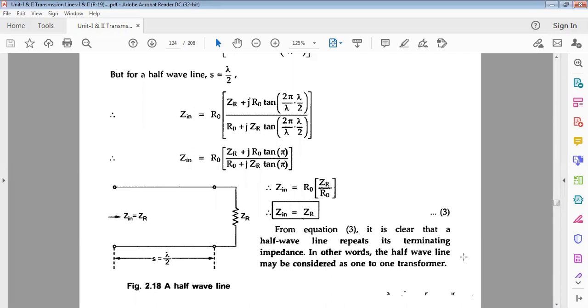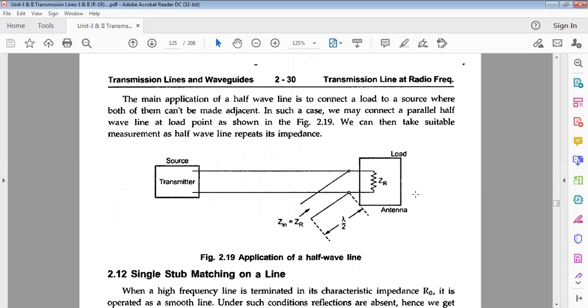In other words, the half wave line may be considered a one-to-one transformer. The main application of a half wave line is to connect a load to a source where both of them cannot be made adjacent.